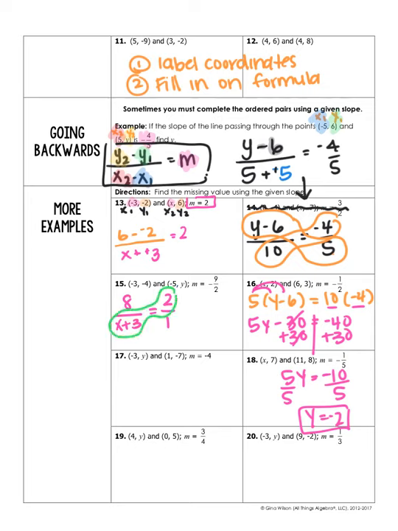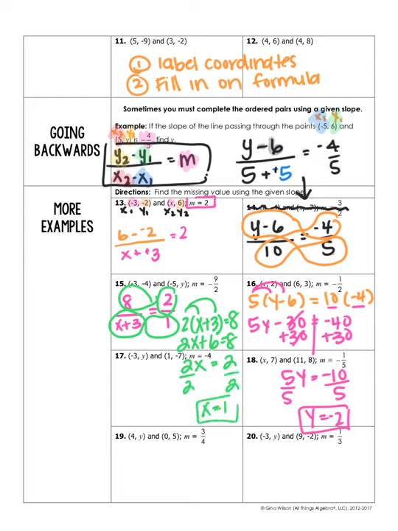So we're going to do 2 times x plus 3 equals, and then 8 times 1, which is just 8. So now if I finish solving, multiply your 2 in, you get 2x plus 6 equals 8. Subtract your 6, you get 2x equals 2. Divide by 2, and you get x equals 1. So that is my answer to number 13, x equals 1.